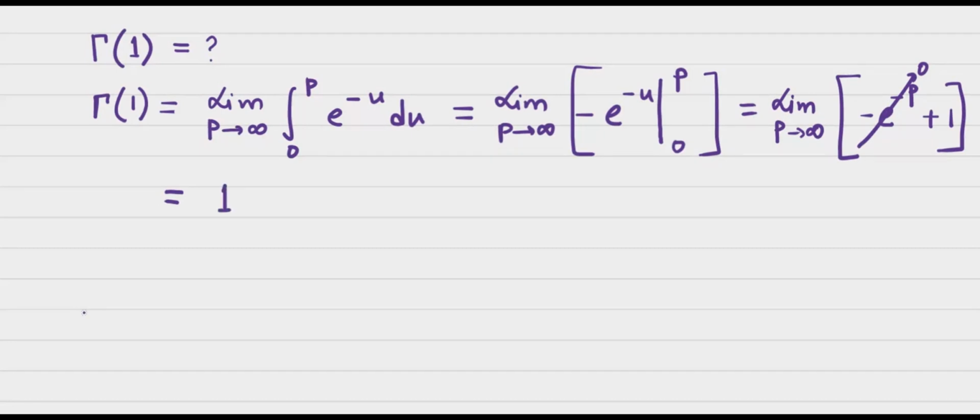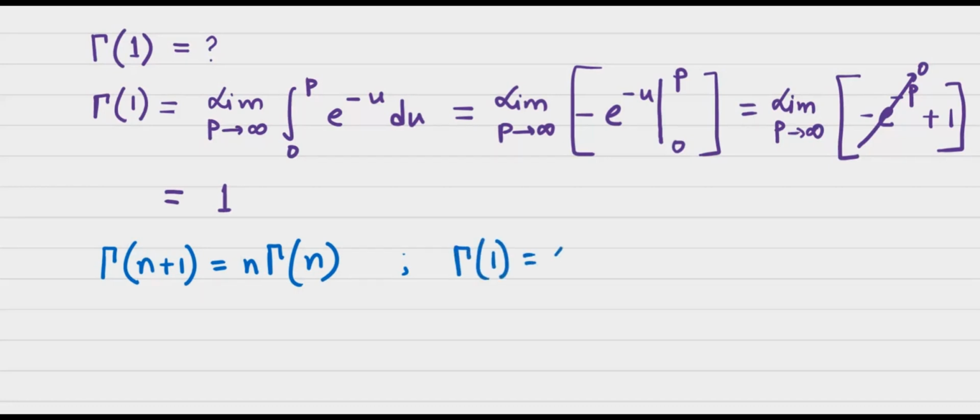So this is interesting. We have two interesting results. One is gamma of n plus 1 is equal to n times gamma of n, and then we have gamma of 1 equals 1. So let's build off of these two statements. For example, what is gamma of 2?